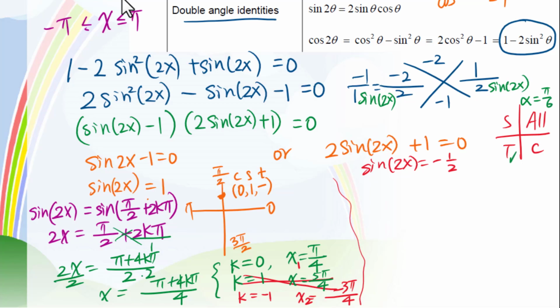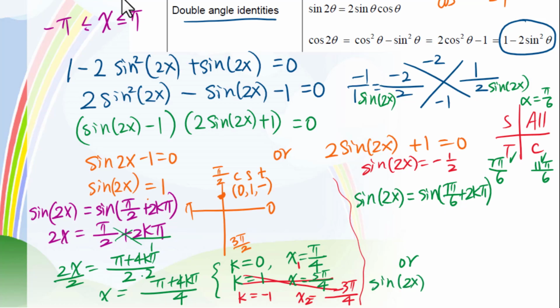For the third quadrant and the fourth quadrant, we will have 7 pi over 6 and 11 pi over 6. So we have sine 2x equals sine 7 pi over 6 plus 2k pi, or sine 2x equals sine 11 pi over 6 plus 2k pi.